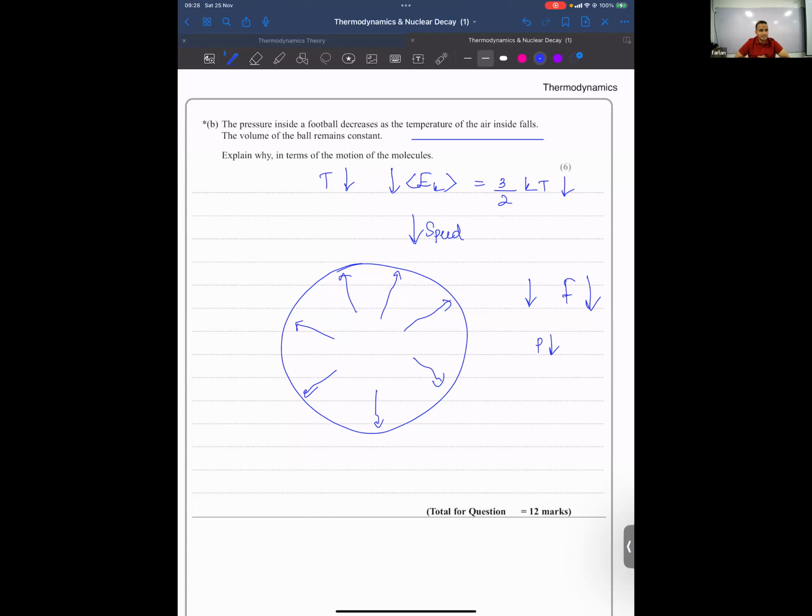Rate of change of momentum of the molecules will decrease. The force exerted on the walls will decrease.